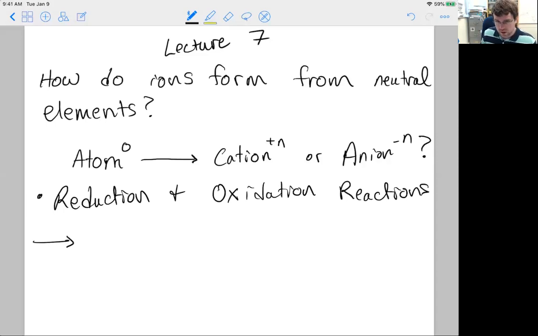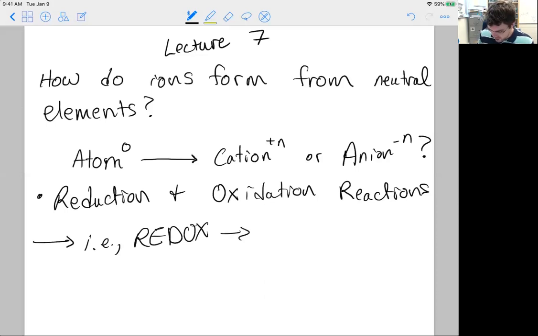But to start, we're going to just classify this overall class of reactions as what are called redox reactions or redox processes, where you can see red for reduction and ox for oxidation.